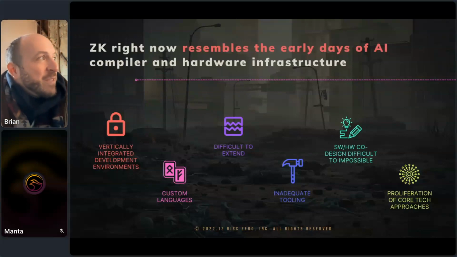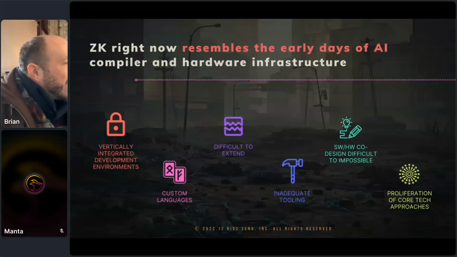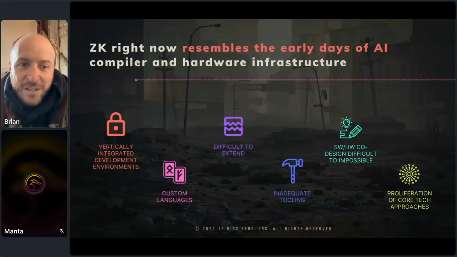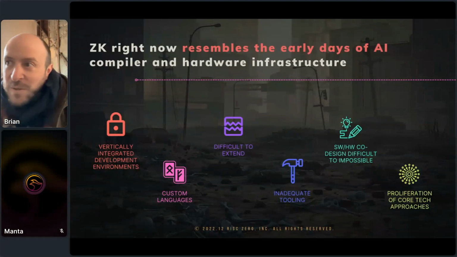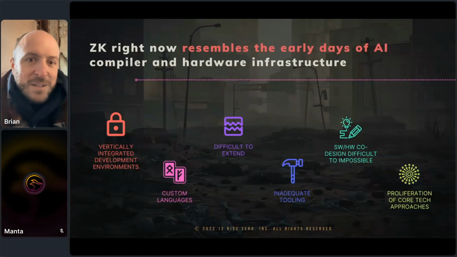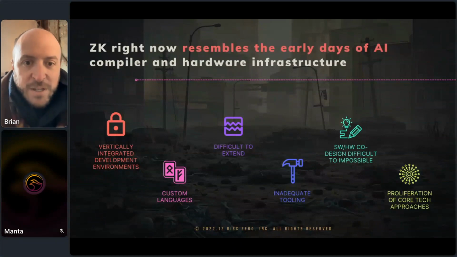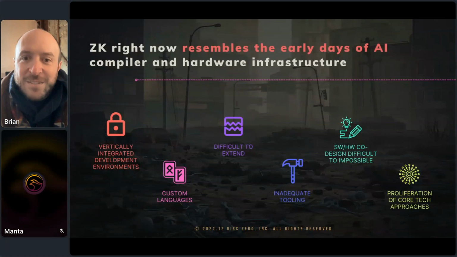Yeah, so anyway, ZK resembles the early days of AI, and you see a lot of the same problems popping up. You have these very tightly vertically integrated development environments. People are building custom languages. It's very difficult to extend the runtimes to support new hardware. There's not a lot of access to various debugging tools.